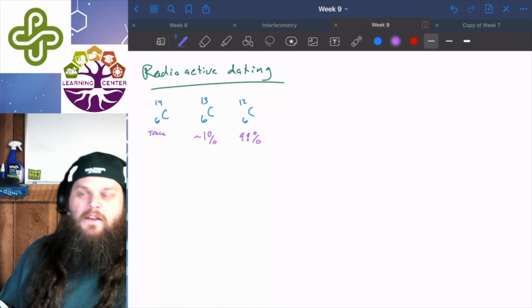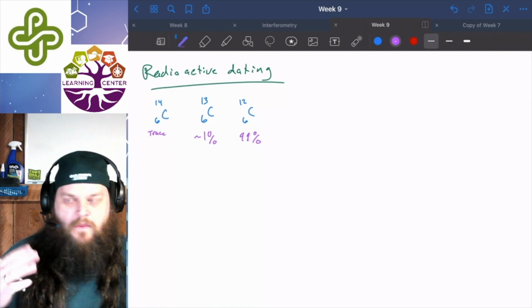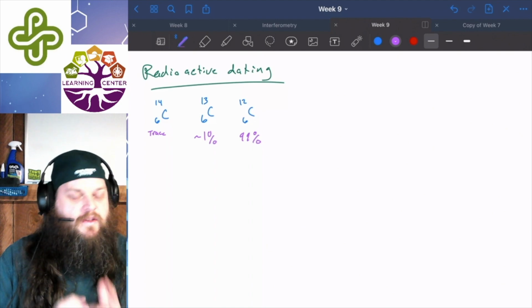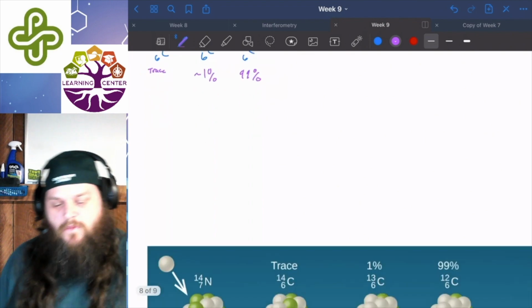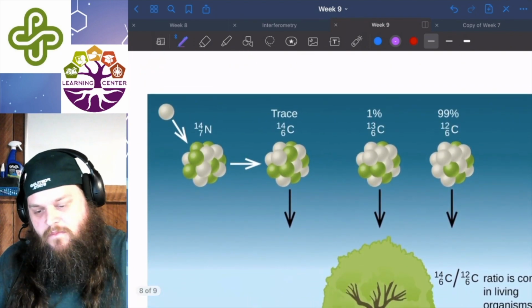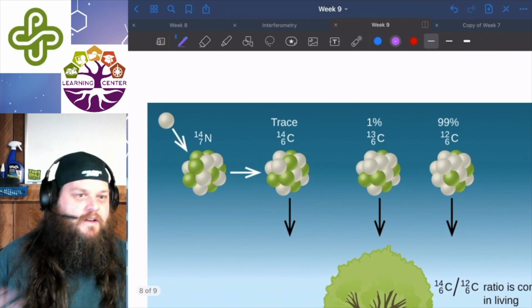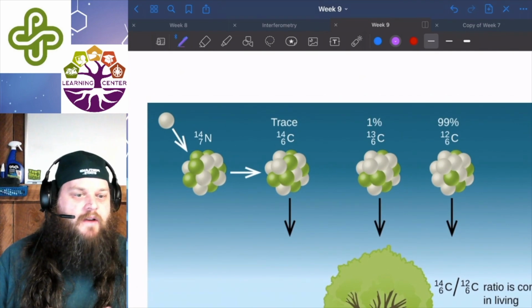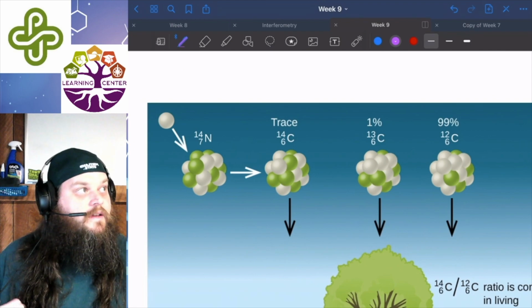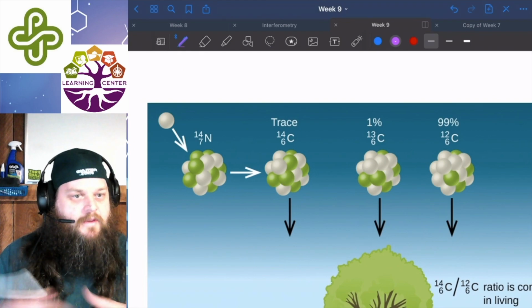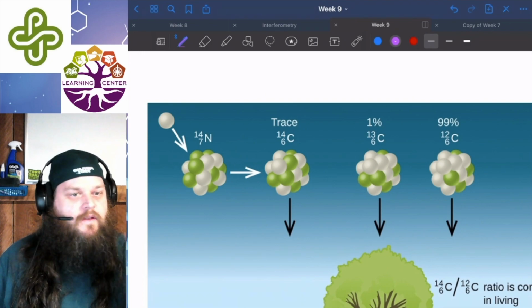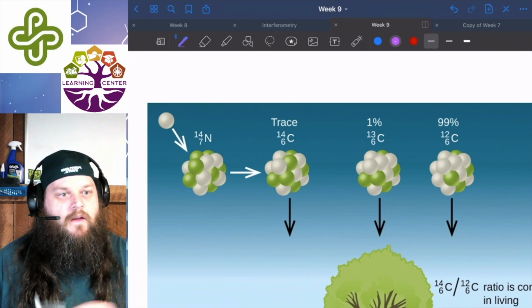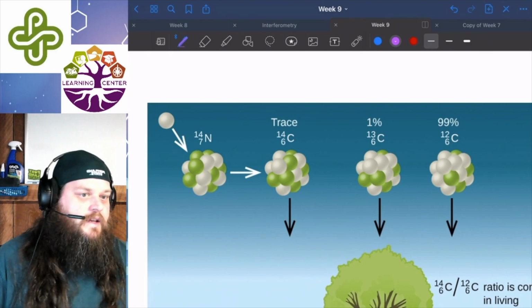And carbon-14 is actually produced when a neutron collides with a nitrogen atom in our upper atmosphere. A little diagram here. Neutrons are floating around in our upper atmosphere as a cosmic ray breaks up into neutrons and other things like that. When that neutron collides with nitrogen, which is floating up in our upper atmosphere, it produces a carbon-14.